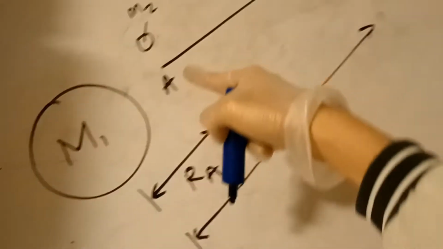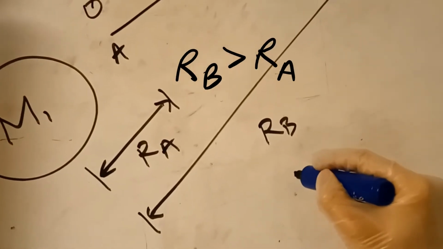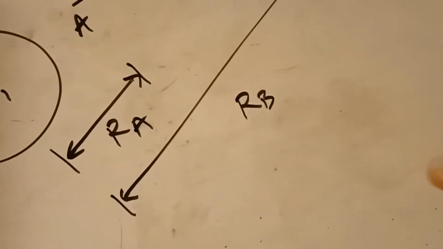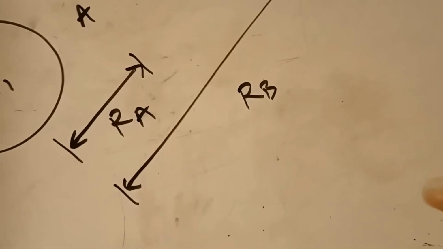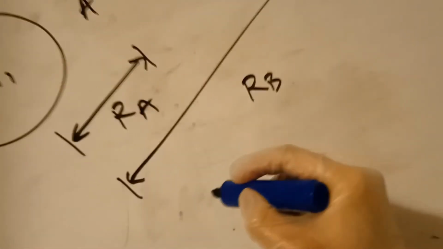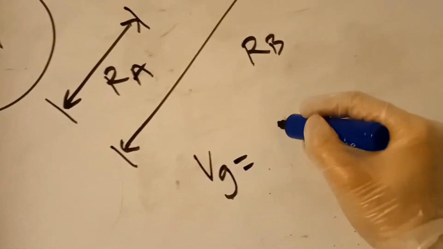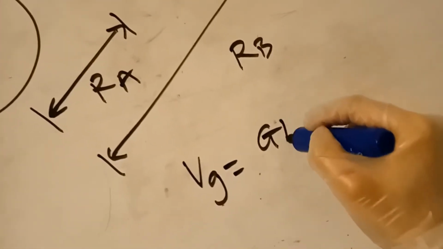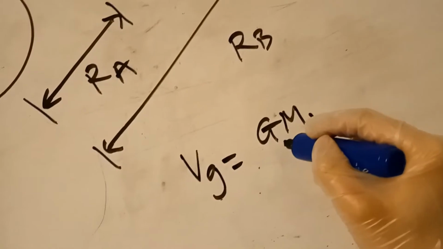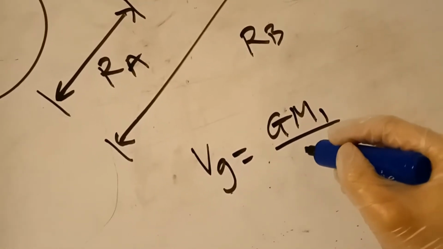So the gravitational potential at that point would be, remember that gravitational potential is work done per unit mass. If you remember the equation, Vg is equal to G m1 over RA.